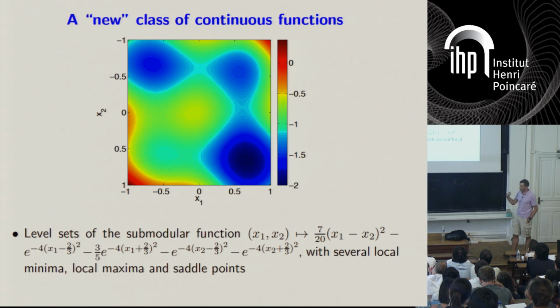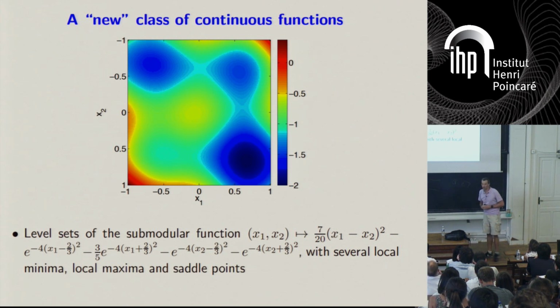The structure that we are going to use is not really a local structure. This is going to be a bit different. But that type of function can be minimized, and the reason is that you have this submodular term over there. This is just to highlight the fact that that class of submodular functions is rather different from convexity. You may have local minima and local maxima, but you can still minimize.